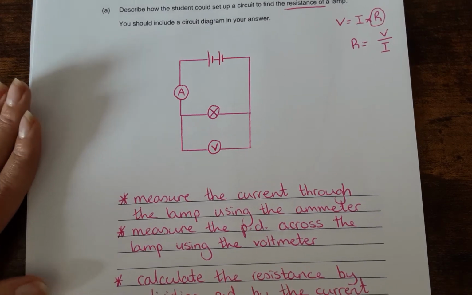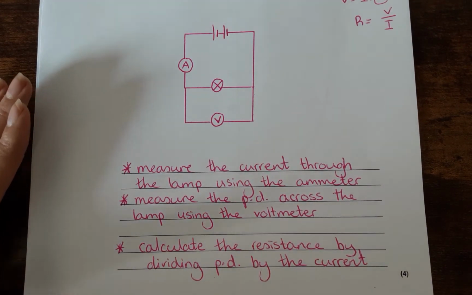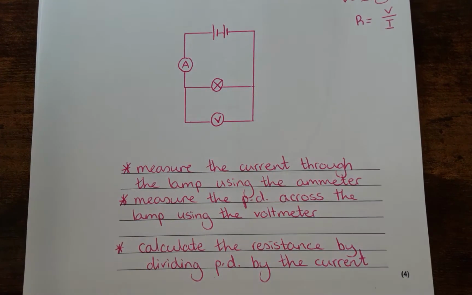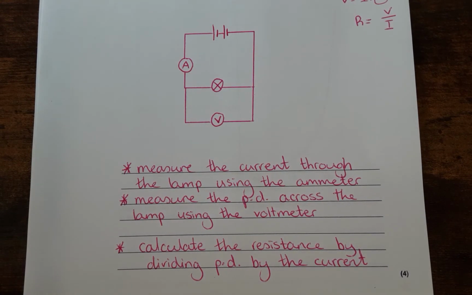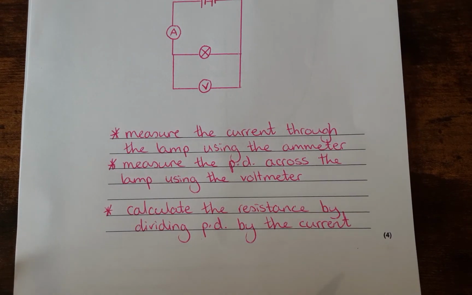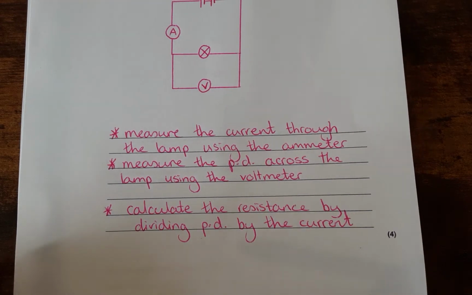Let's move that up a bit. Okay, so we recognise what equation we need. We also recognise the setup of the experiment that we need. We need to measure the current with the ammeter, the potential difference with the voltmeter, and then we need to use those values in order to calculate resistance by dividing the potential difference by the current.